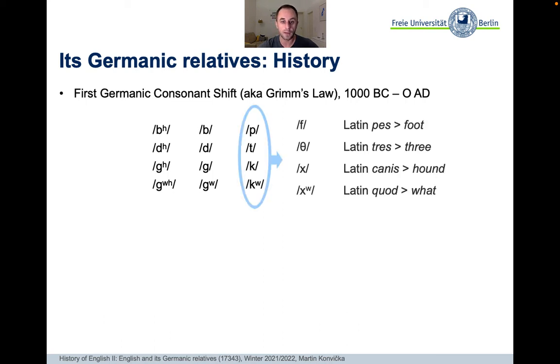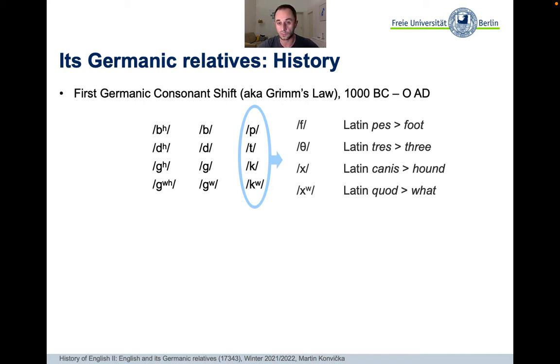So first, we have here the sounds p, t, k, and qu, which in the first wave of Grimm's Law developed to the Germanic sounds f, th, ch, and ch. If we compare this to an example, here is the Latin word pes, and Latin represents the pre-Grimm's Law situation. So the p in pes changed to f in foot.